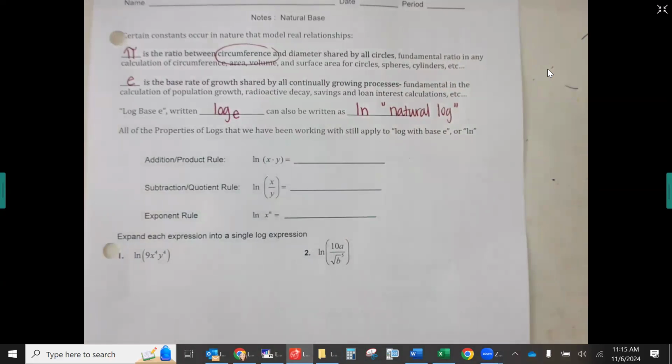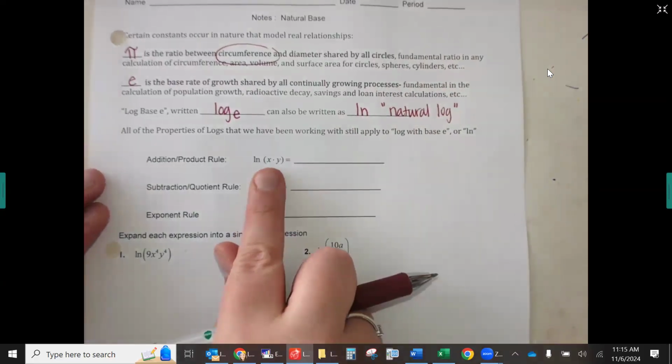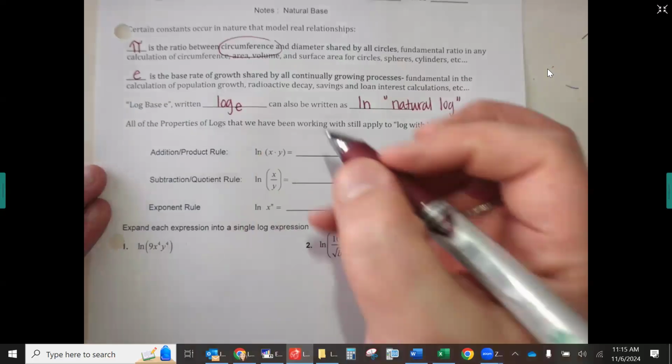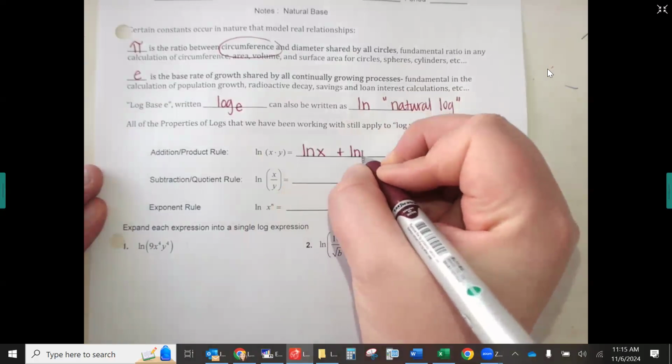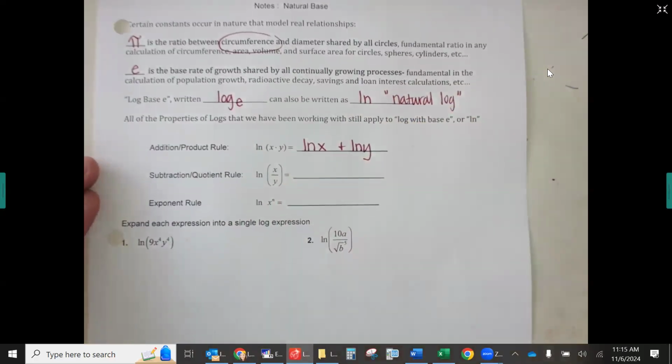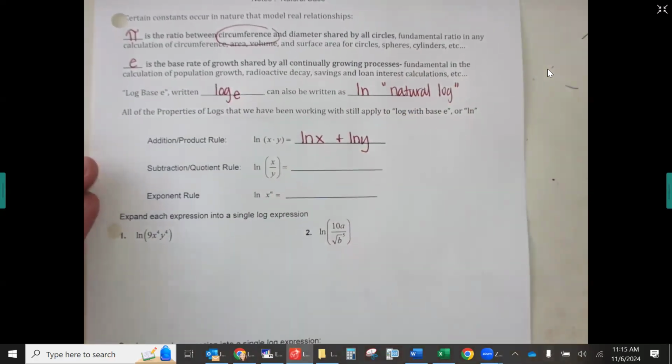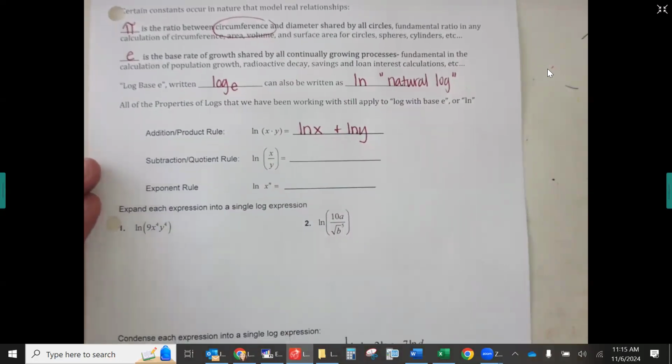Now, the good news for you is that because LN is a type of log, all of the rules that you already know for logs still apply to LNs. So for example, if I have the ln of x times y, I can split that into the ln of x plus the ln of y. Okay, why do the log properties apply? Because an ln is a specific type of log with a base.